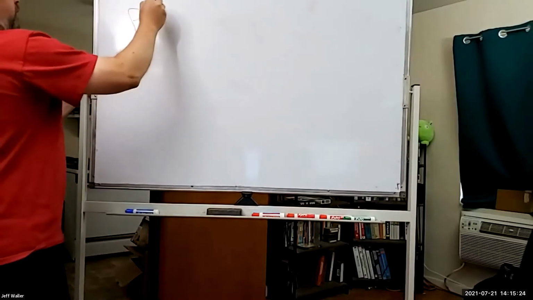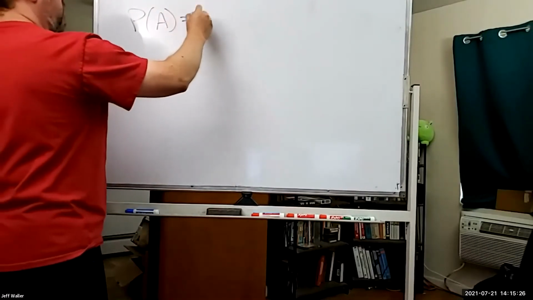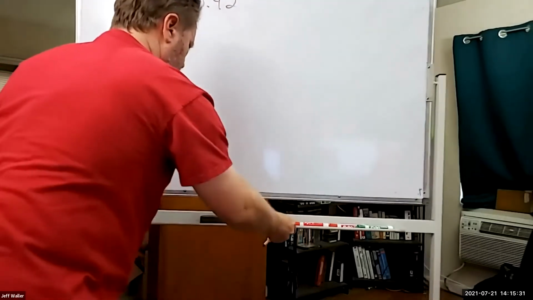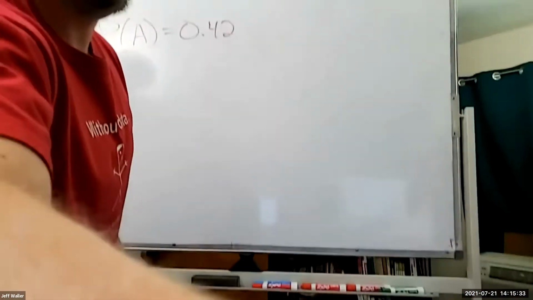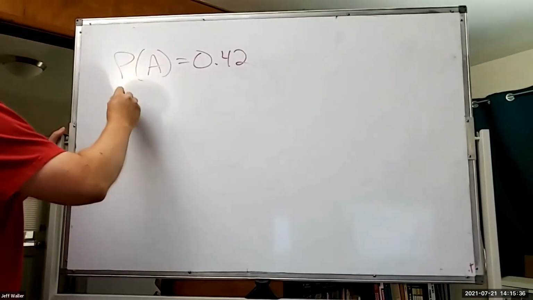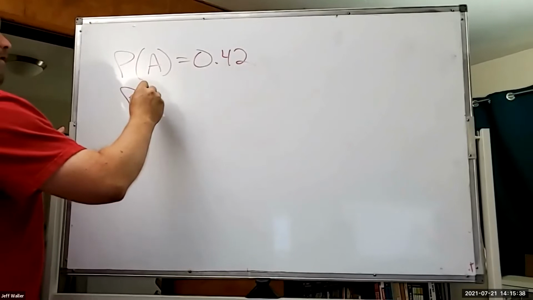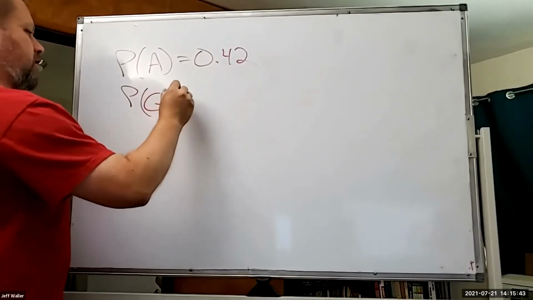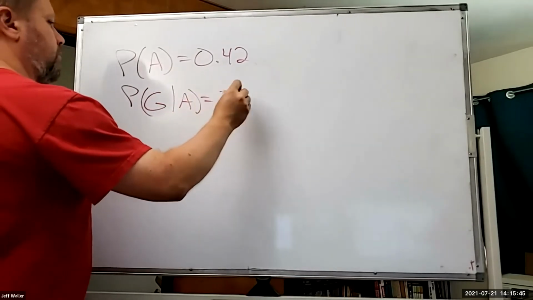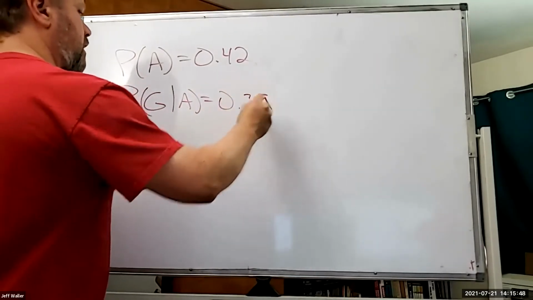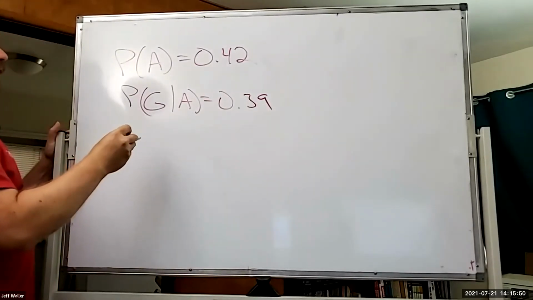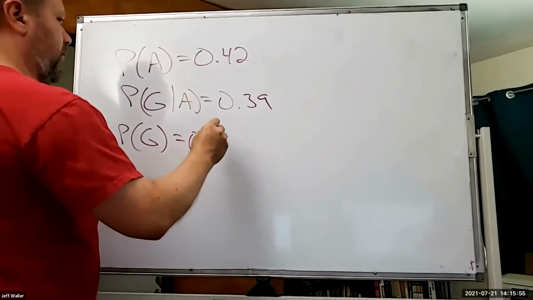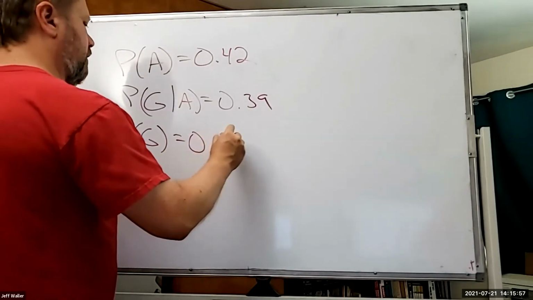What if I told you the probability of A was 0.42, and the probability of G given A is 0.39, and the probability of G is 0.37?